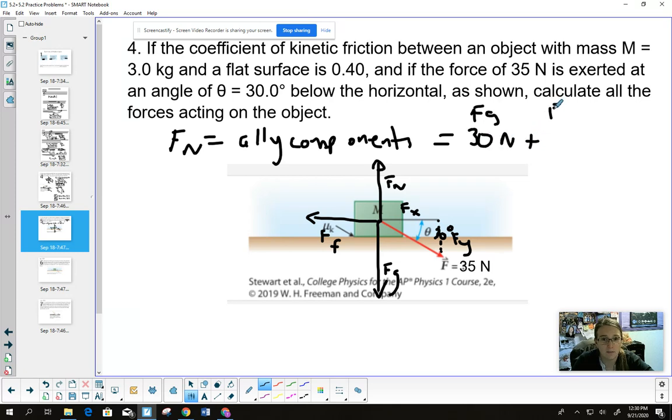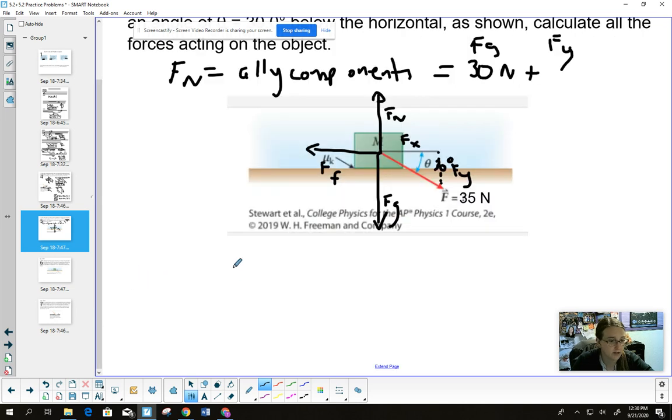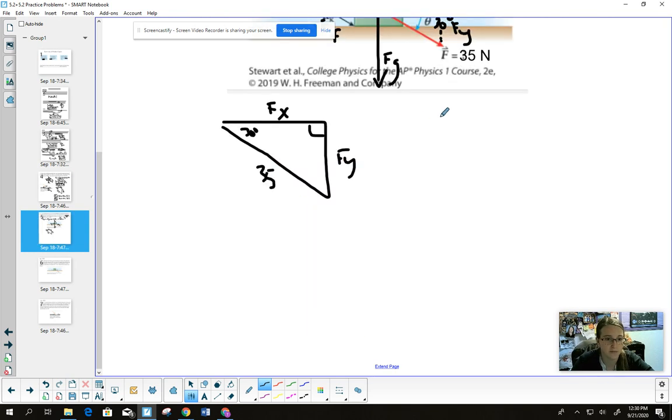Plus, I need the y component. So let's go ahead and find the y component here. I'm going to pull this triangle off. I got 30 degrees. I got 35. I need my y component, and my x component, I will be needing that for tomorrow's stuff. So we'll just make sure we find both. X is going to once again be cosine because it is the adjacent.